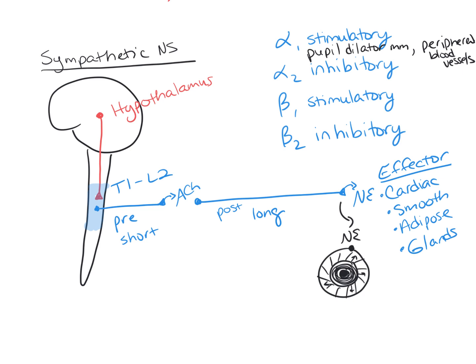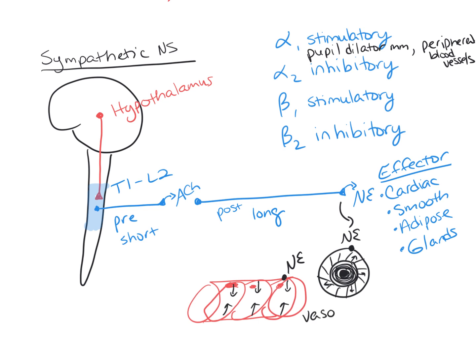If norepinephrine is released and it binds to the smooth muscles of a peripheral blood vessel, now remember these are all lined by a simple squamous cell. So we have all of these smooth muscles, and if norepinephrine binds to those, it'll cause those muscles to contract. Those muscles are going to squeeze on that blood vessel, and it's going to cause vasoconstriction.